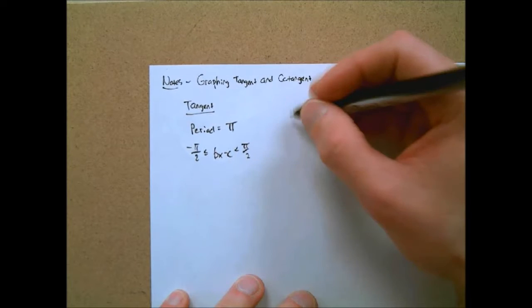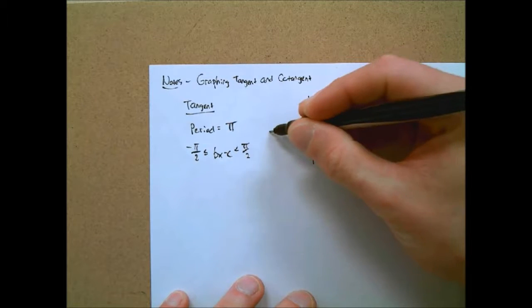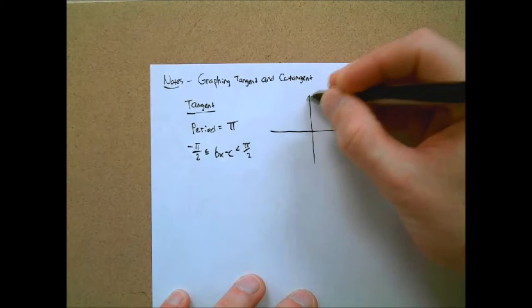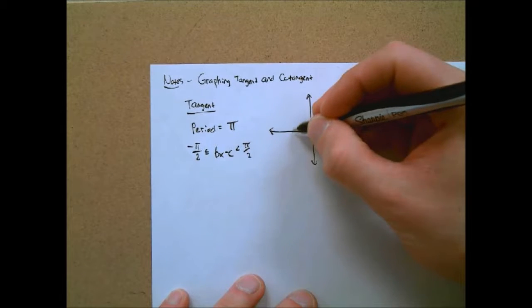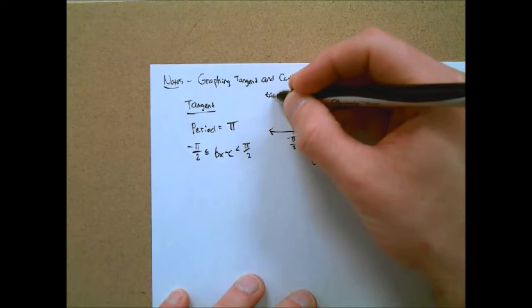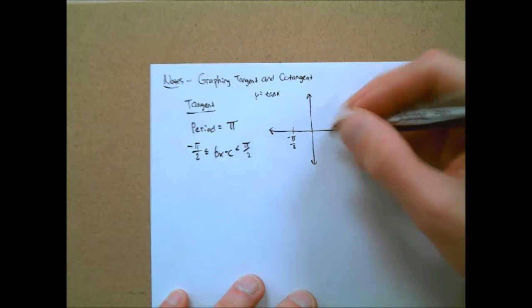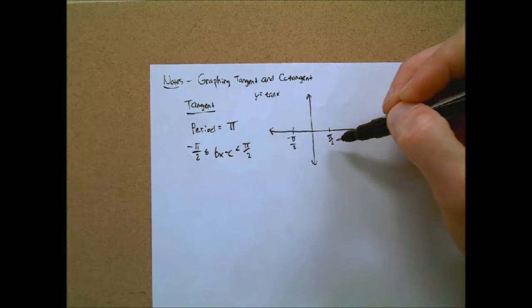Okay, tangent's graph. Again, without working through it too much, I'll put in the negative pi over 2 here, and we'll say this is just tangent of x. And I'll put the pi over 2 right there. Tangent at pi over 2 is undefined, right?